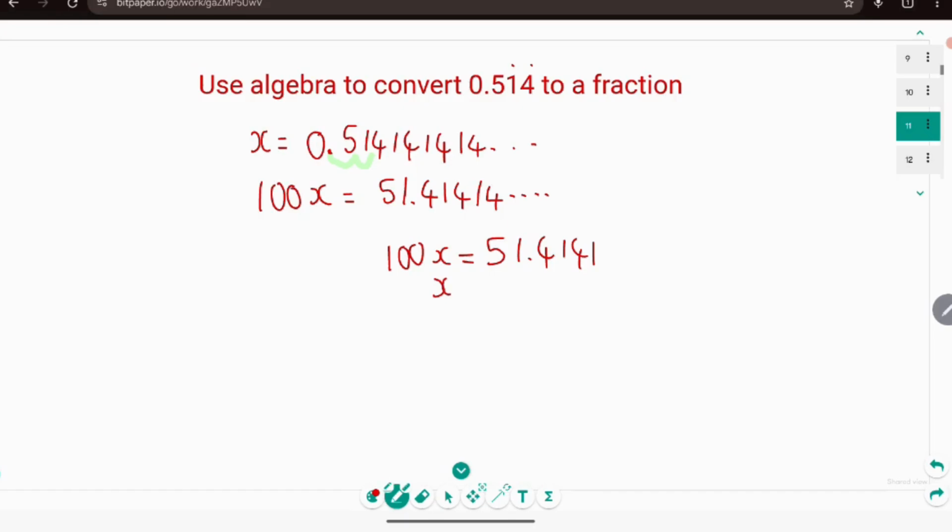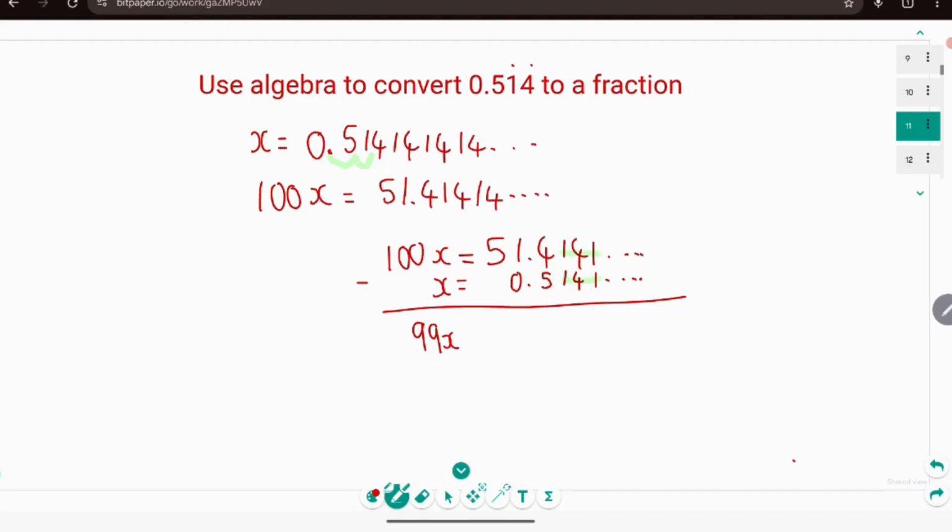Write my x underneath, but making sure I line everything up. Now, when I subtract, 100x, take away 1x, 99x. If I subtract these, where are they the same? 141, 141.